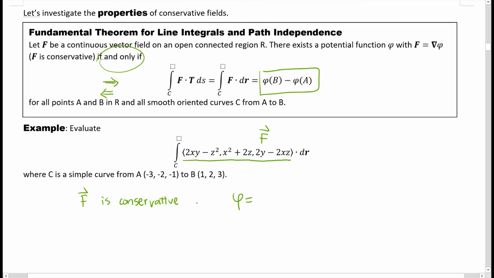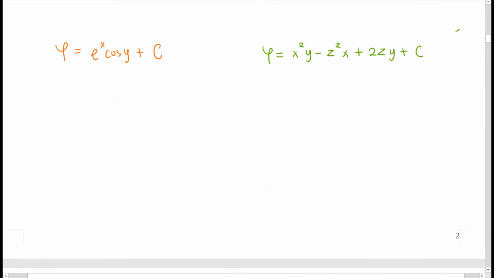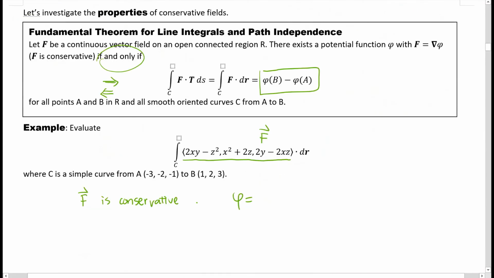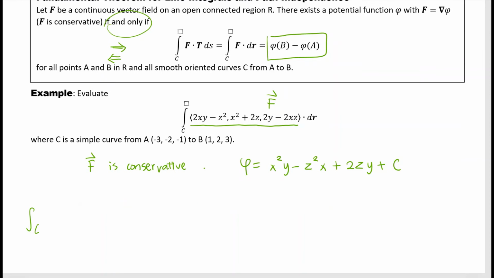Okay, phi is, let's see here. This is phi. Let me copy it down. Let me move it here. So phi is x squared y minus z squared x plus 2zy plus c, right? We already showed it. This is the potential function.